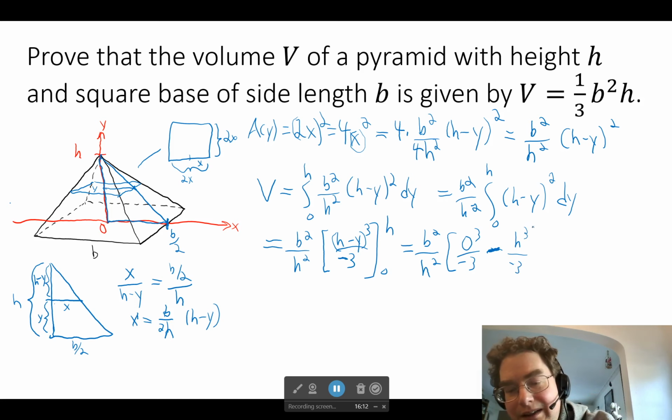Okay, and that's that. But let's simplify it now. Again, first term 0. The minus signs will cancel here, leaving us with h cubed over 3.